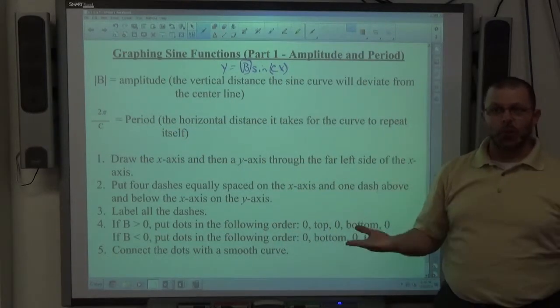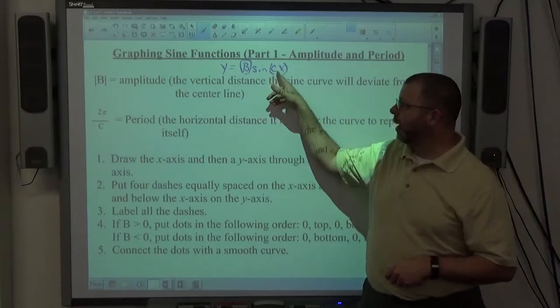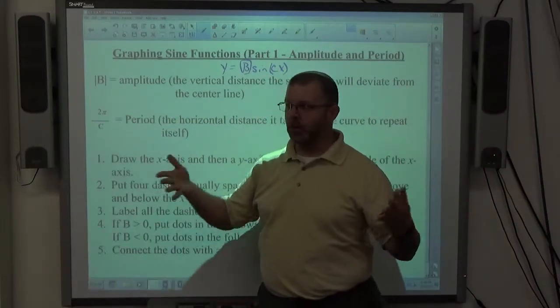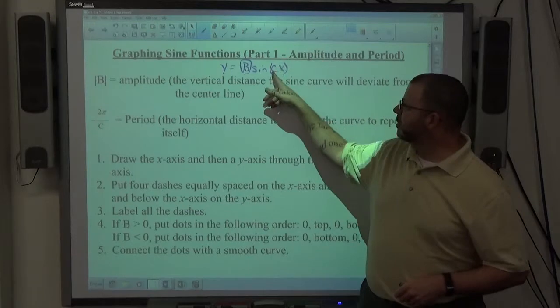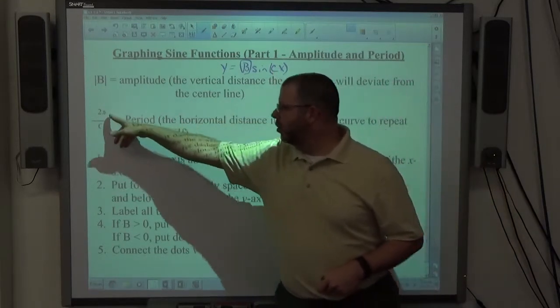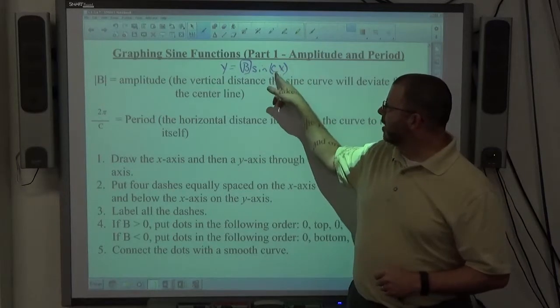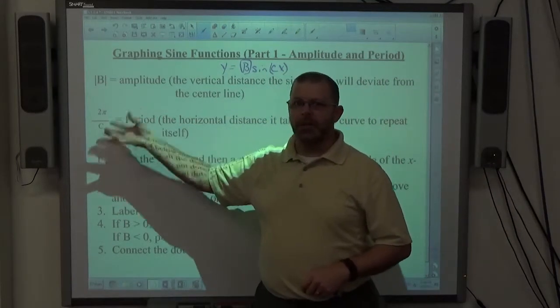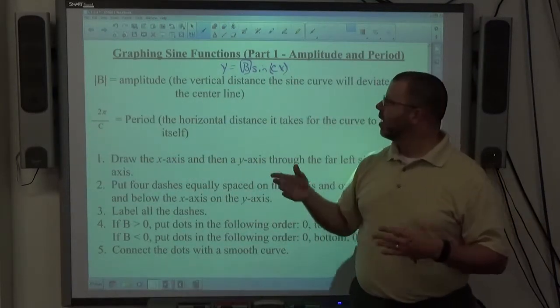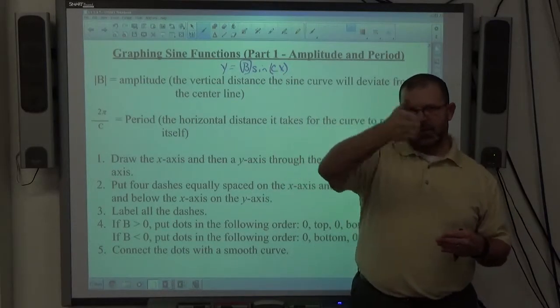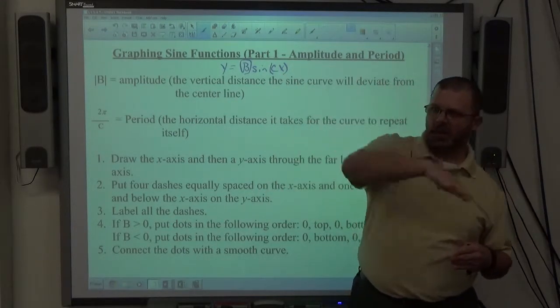So 2 pi is normally the period. If we're doing sine of 1x, 2 pi over 1 is 2 pi, the normal period. If c is bigger than 1, 2 pi divided by that number is smaller, so it happens more often. And if it's less than 1, 2 pi divided by a number less than 1 makes it bigger, so it happens less often. So if the number's big, a lot more cycles. If the number's small, it's more stretched out.